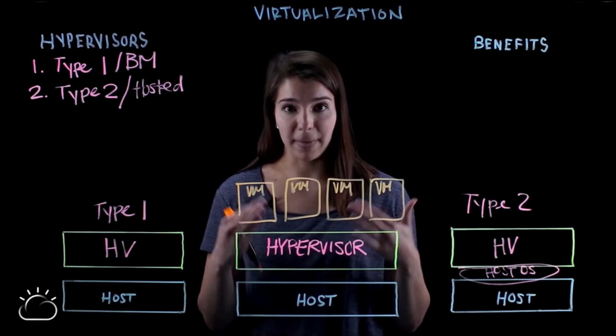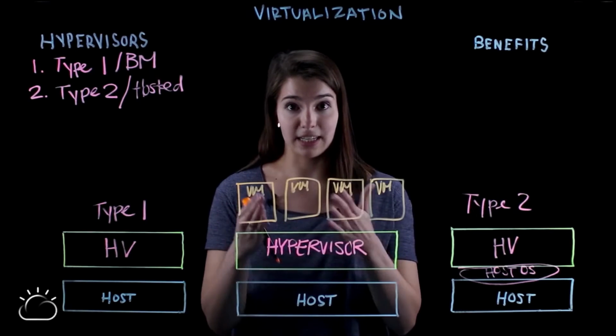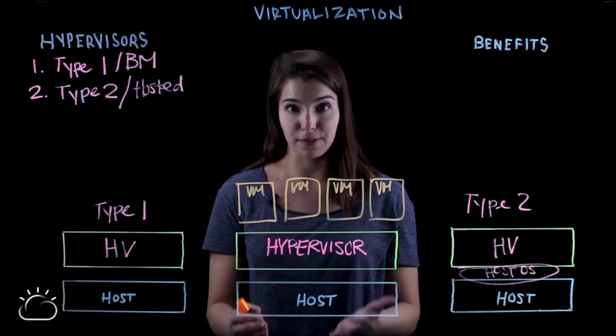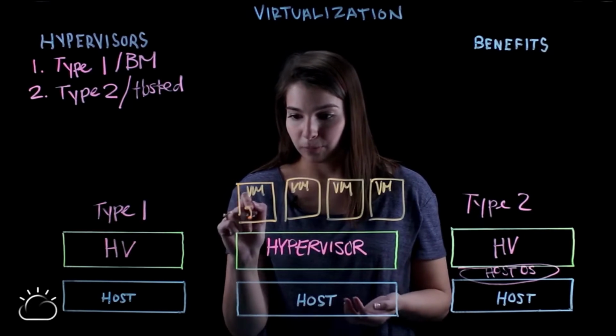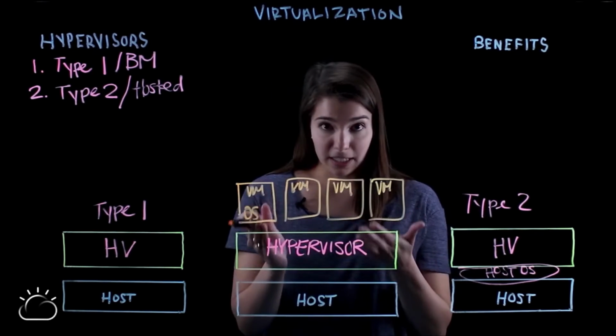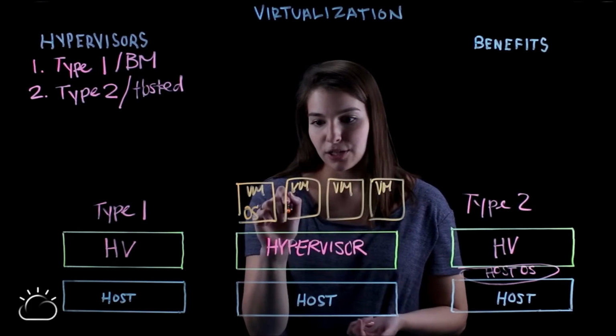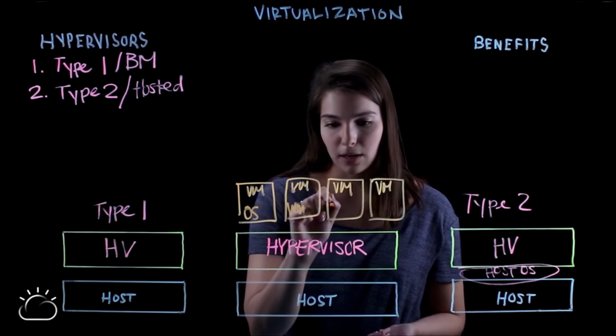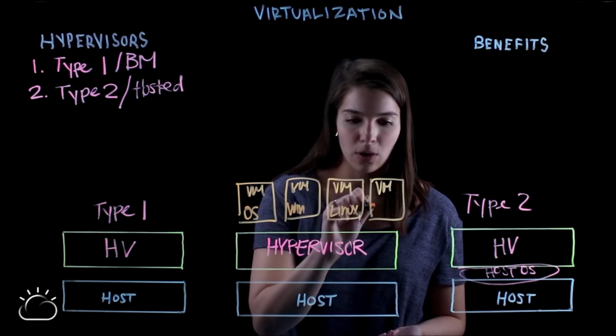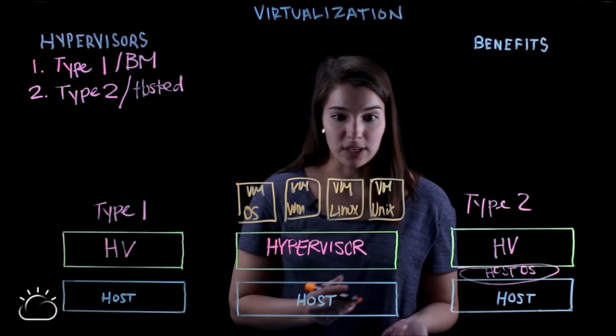And the hypervisor manages the resources that are allocated to these virtual environments from the physical server. Because they're independent, you can run different operating systems on different virtual machines. So you could run Windows here, or Linux here, or Unix here, for example.